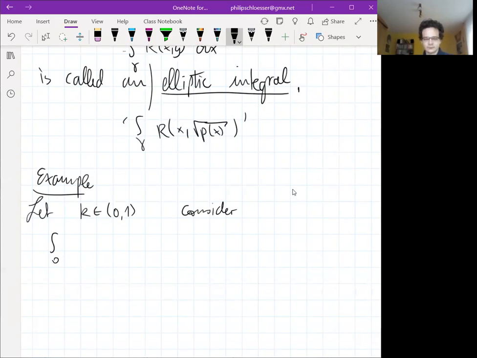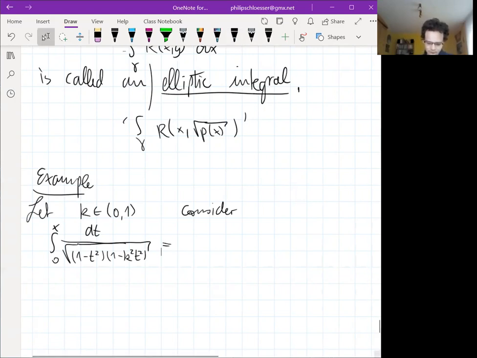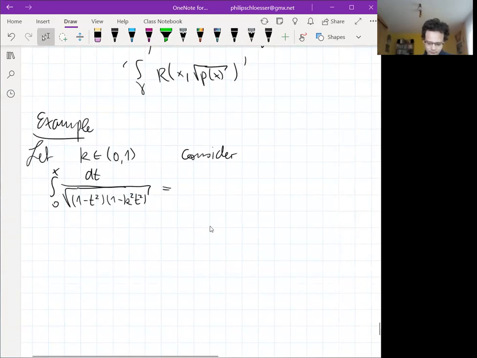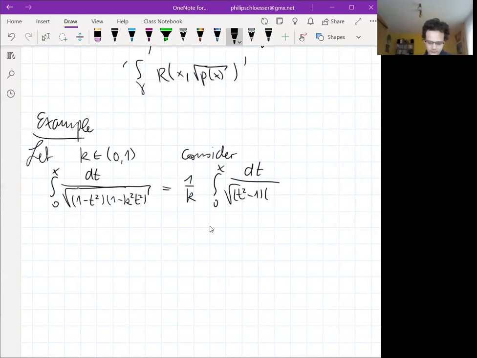Consider the integral from 0 to x of dt over the square root of 1 minus t squared times 1 minus k squared t squared, and do a bit of the process that we did before, but in reverse. Well, firstly, we can take out a factor of 1 over k, that's just from here. So we have t squared minus 1, and then t squared minus 1 over k squared.